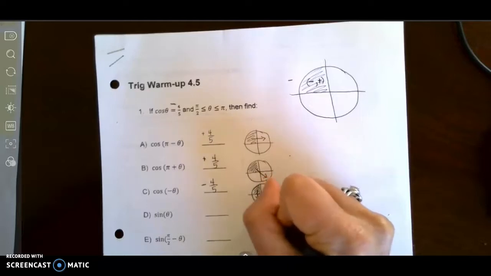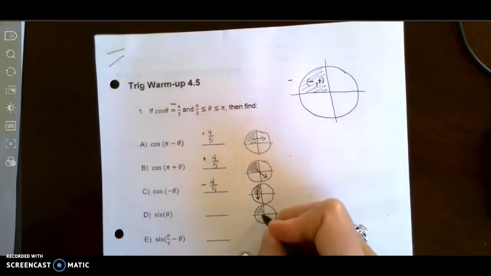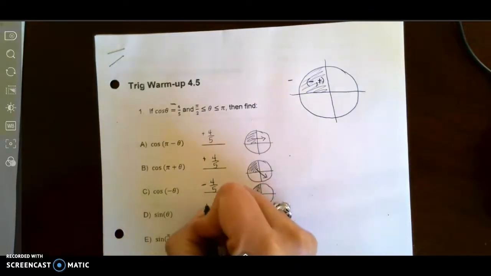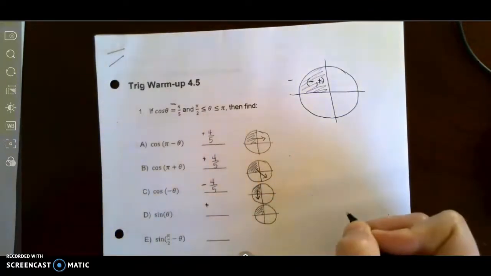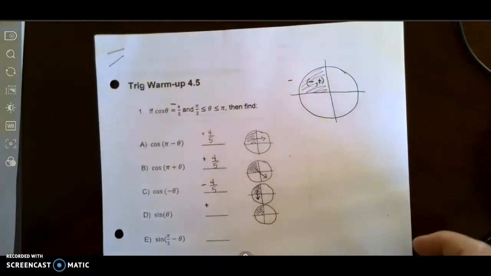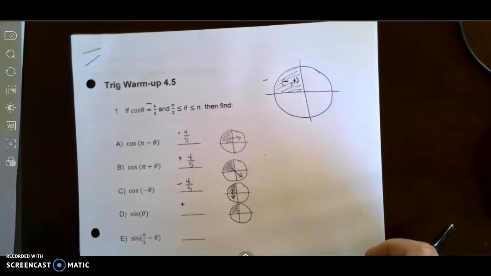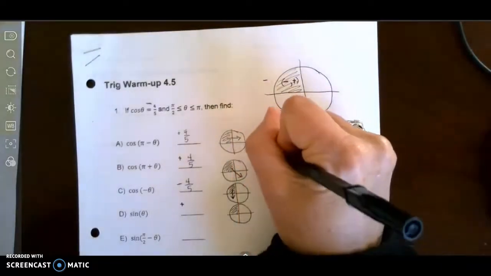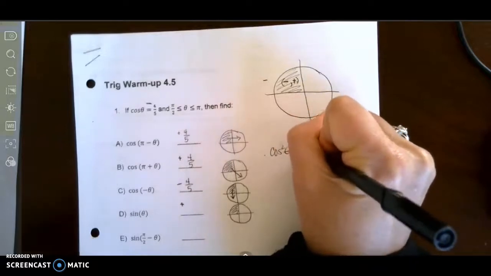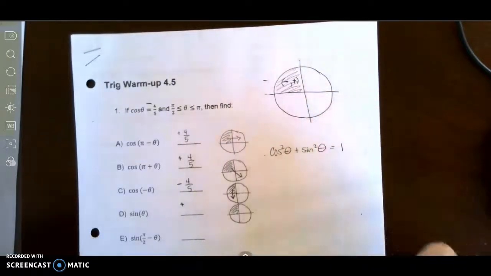Right, now for letter D, I'm in quadrant 2, and I'm staying in quadrant 2, but I'm looking at the sine. Sine in quadrant 2 I know is positive. And now I have to find the number part. So this is where I'm going to use my Pythagorean identity. Cosine squared plus sine squared equals 1.